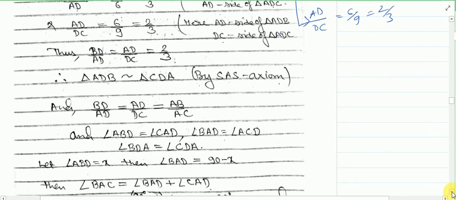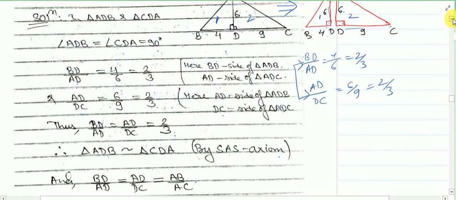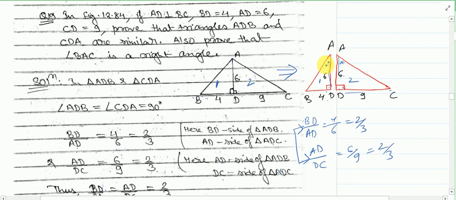And sides are proportional and therefore corresponding angles are equal. So here corresponding angles are going to be like this. Corresponding to this will be this, and corresponding to this will be this.